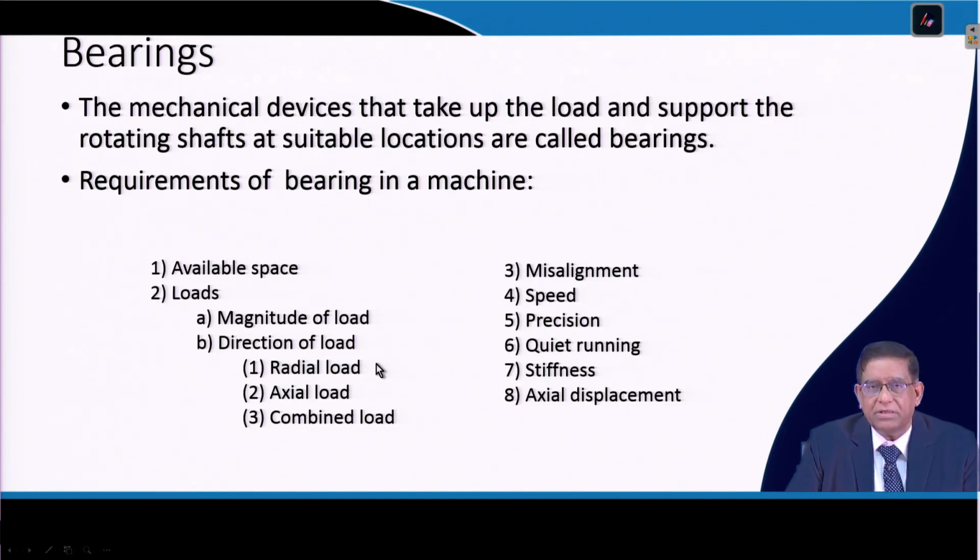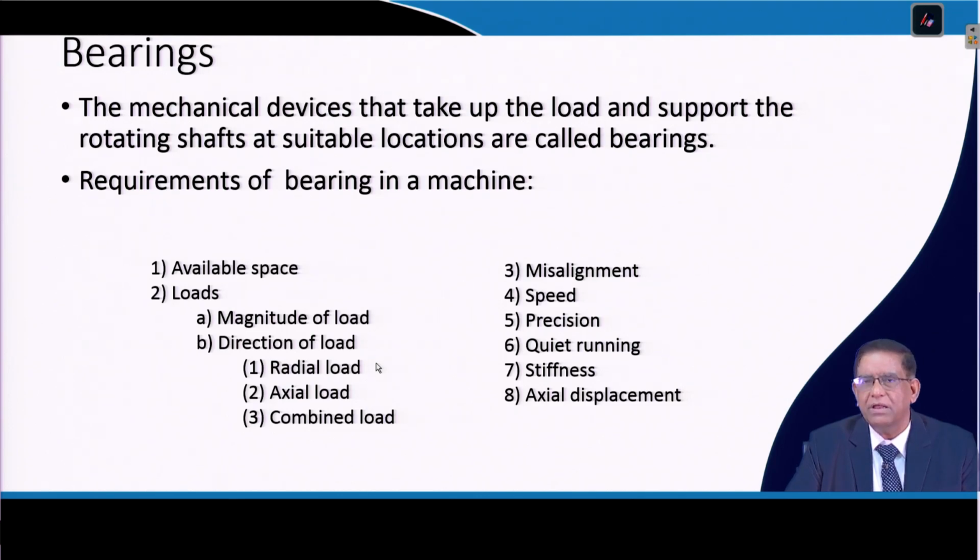And then the most important thing is that the load coming over there should be equally distributed. Any misalignment can lead to a problem. In the bearing, if there is differential wear or anything, then the whole shaft gets misaligned with the driven and driving shafts.